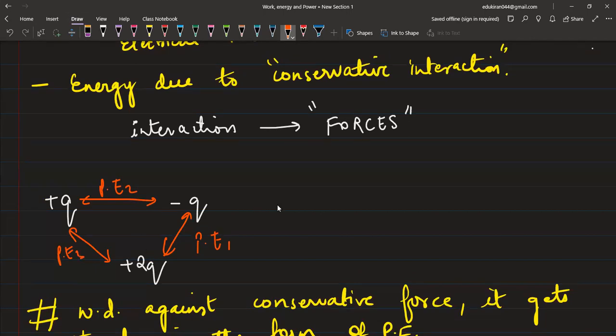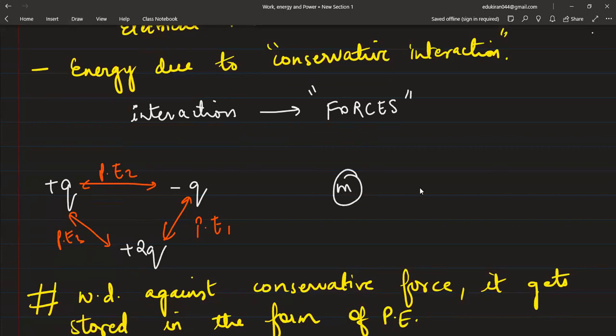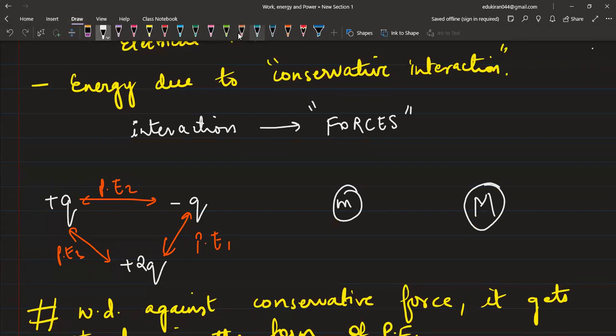Had there been one more charge which could interact with the other three, then we say there are more potential energies. Now, this is a portion from your class 12th, your charges. From your class 11th, let's say masses. Let's say this is small m mass, this is capital M. They are able to exert gravitational force on each other, so there will be a potential energy.